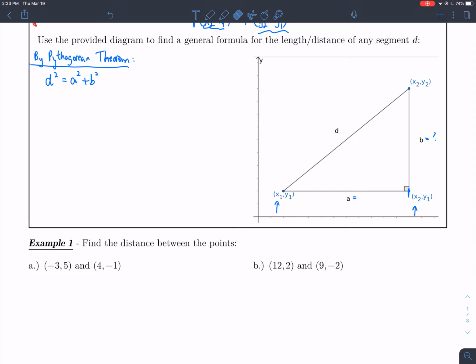So we can actually answer this fairly easily. Okay, it is x2 minus x1. All right. So you can write something like the length of A is x2 minus x1, or A equals x2 minus x1.